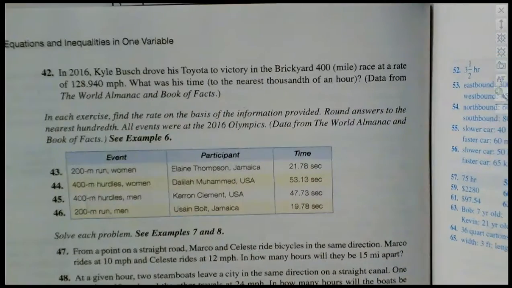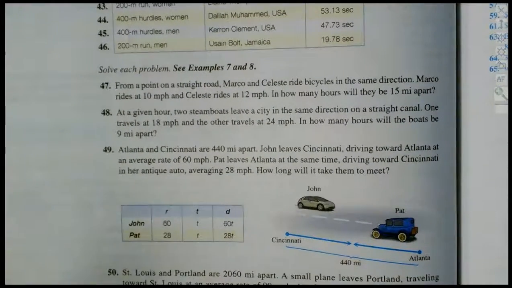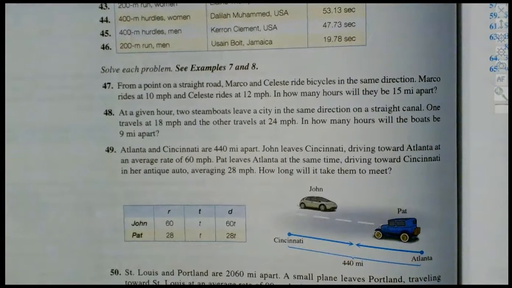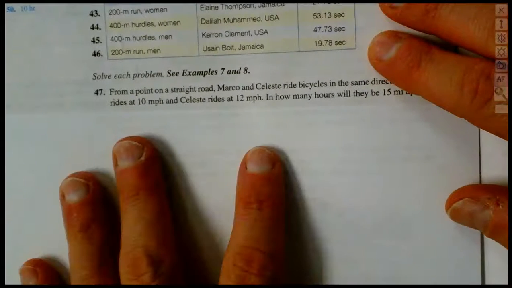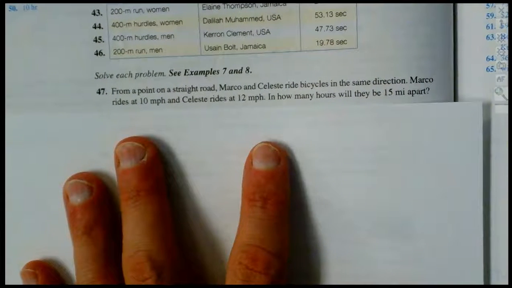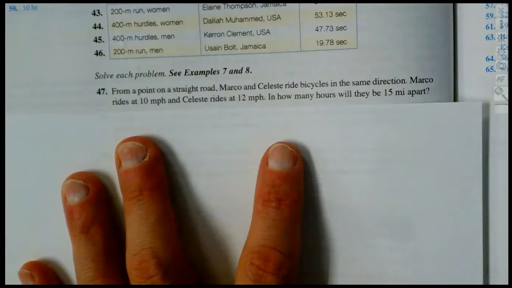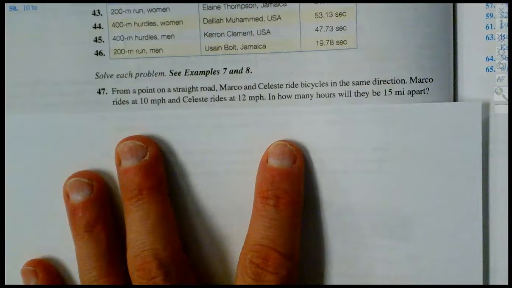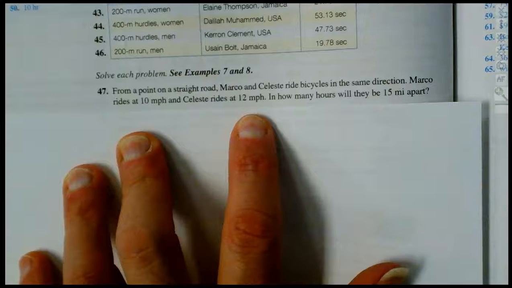We should be able to do several of these. From a point on a straight road, Marco and Chelsea ride bicycles in the same direction. Marco rides at 10, Chelsea rides at 12.